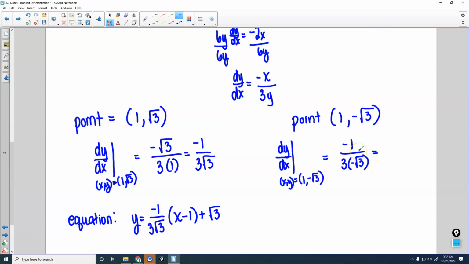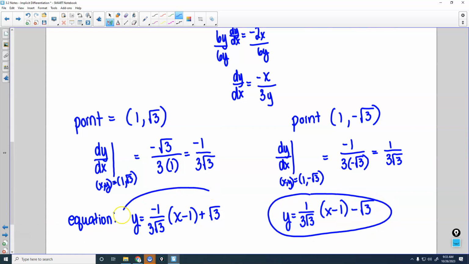And since we've got a negative on top, negative on bottom, that's just going to be 1 over 3 square root of 3. So we'll get a positive for that one. So y will equal 1 over 3 square root of 3 times x minus 1 minus the square root of 3. So these two equations right here would be our equations of our tangent lines.